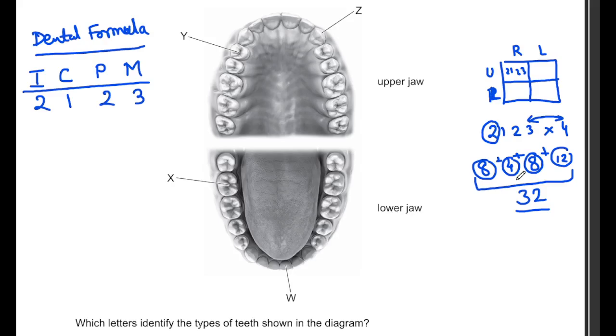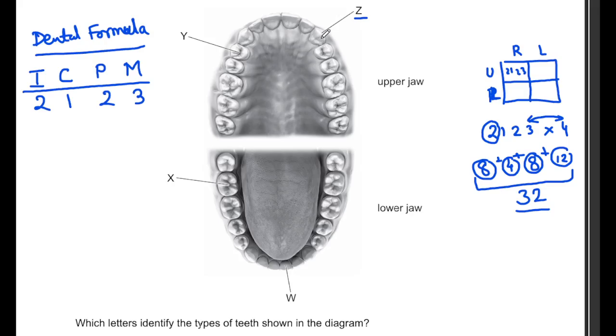Now we got it: incisor, canine, premolar, molar. Now check out which one represents which. First of all, find out the pointed one. The sharp one, which one is the sharp? I think Z is the very sharp one. So that means this should be the incisor or canine. Okay, those are canines. So we have canines here.